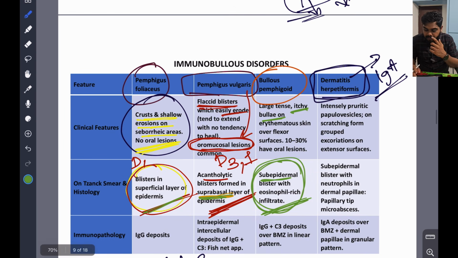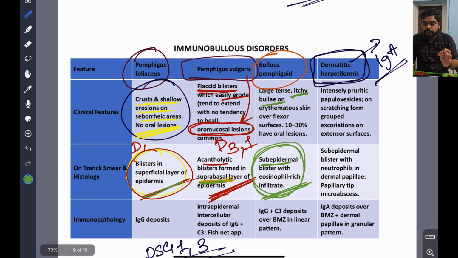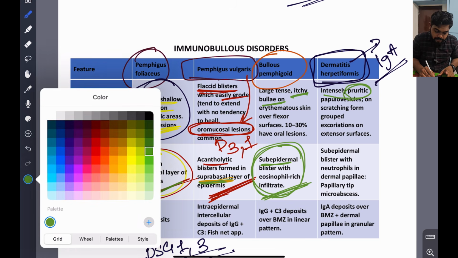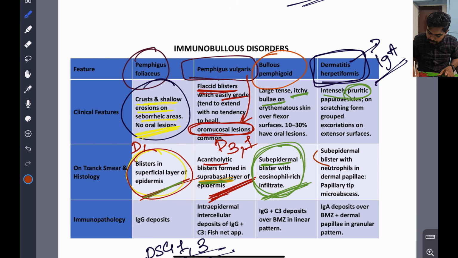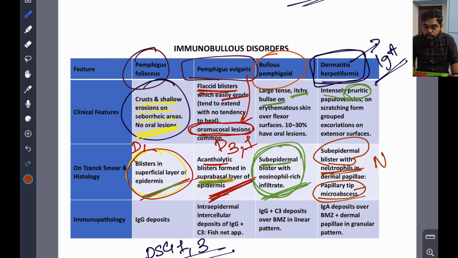Now we will see IgA dermatitis herpetiformis. It is intensely pruritic, with papulovesicles and grouped excoriations from scratching. It is also a subepidermal blister, with neutrophils, neutrophils with papillary tip microabscess. Okay, clear.